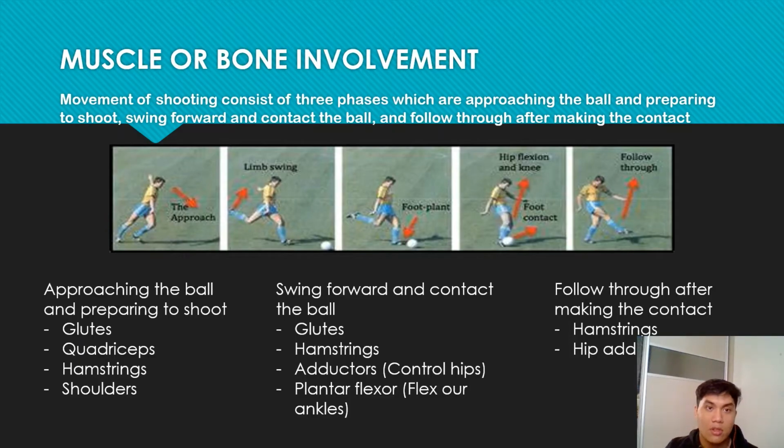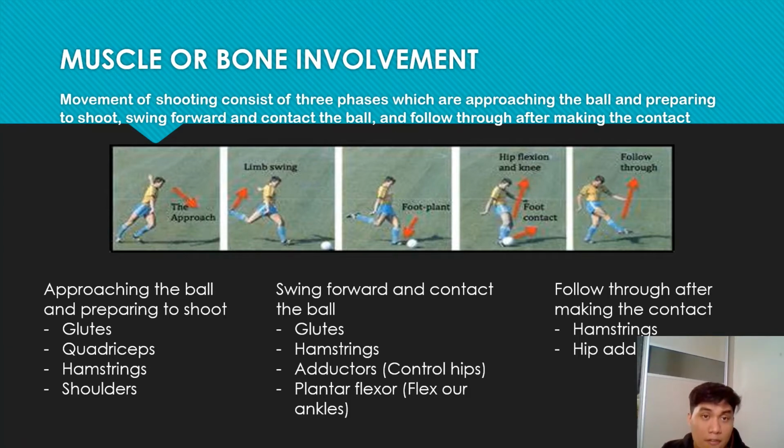I will continue with this slide, which is muscle or bone involvement in shooting the ball. Basically, there are three phases in shooting the ball, which are approaching the ball and preparing to shoot, second is swing forward and contact the ball, and the third phase is follow through after making the contact.